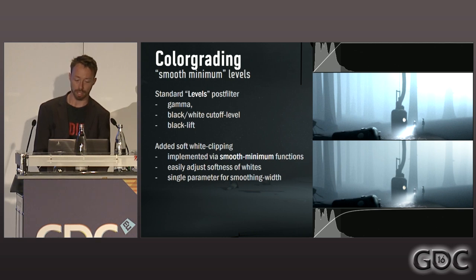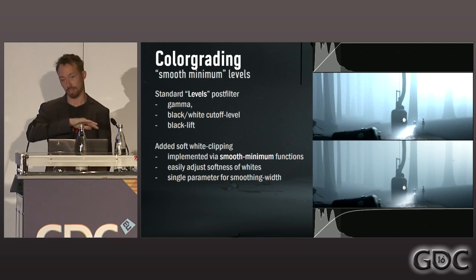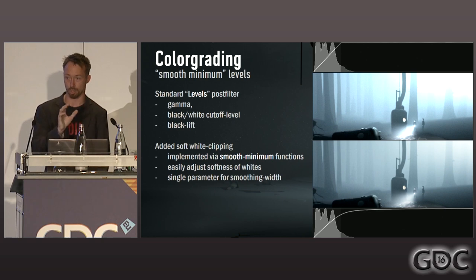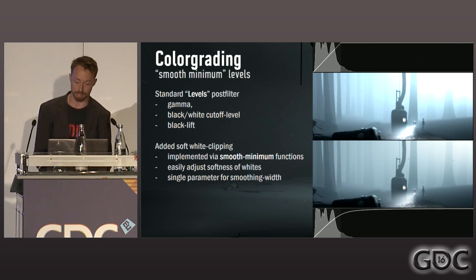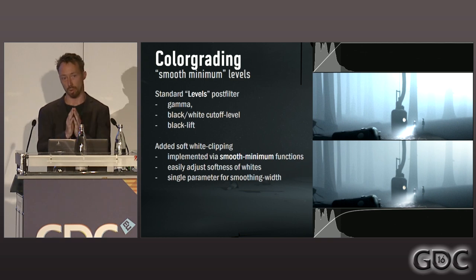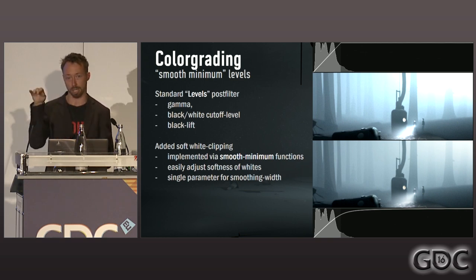We take the smooth minimum between the brightness adjustment curve and then 1. That means that we get this smooth falloff, and that's code in the slides. There's a Shadertoy implementation of that. So this worked out really well for us, and it was also really easy for the artists to tweak, because they just had one parameter, which was how smooth the kink between the two should be.